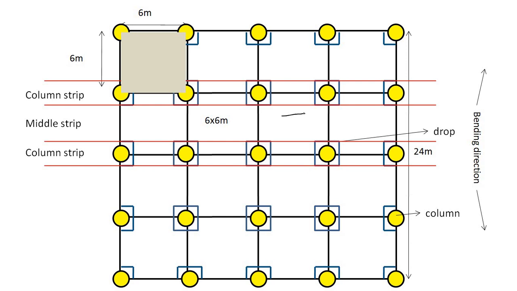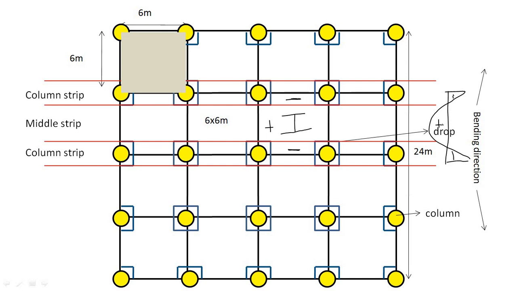If this is an internal panel and we have calculated the negative moment and the positive moment at the center, something like this. So this is negative and this is positive moment.